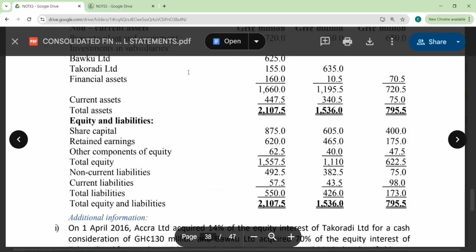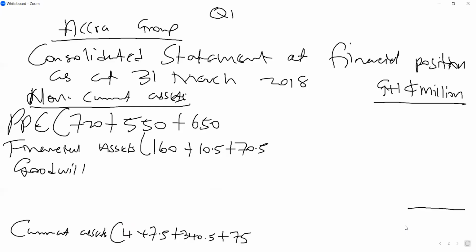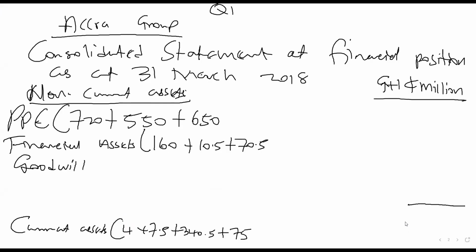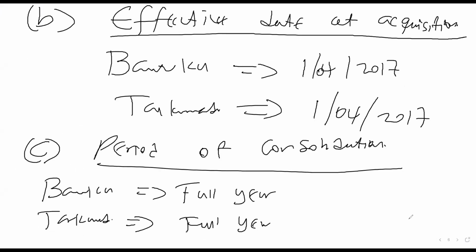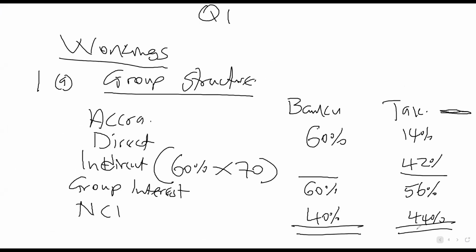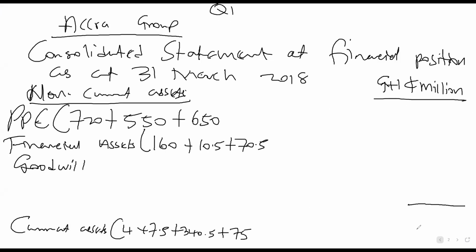The row total assets, you go to the next line. You must also write total assets. Next line, the row equity, you must also write equity.